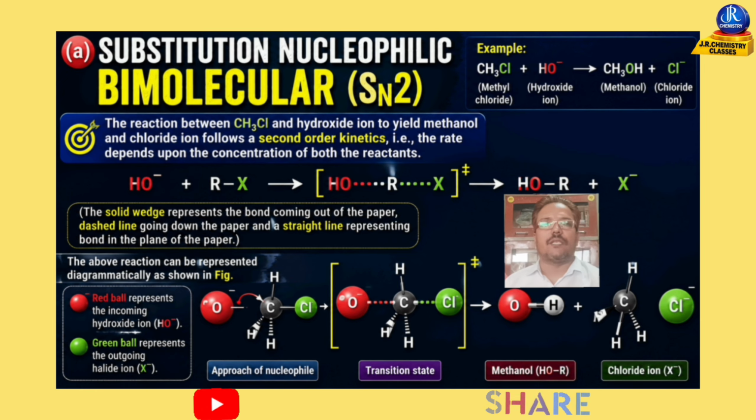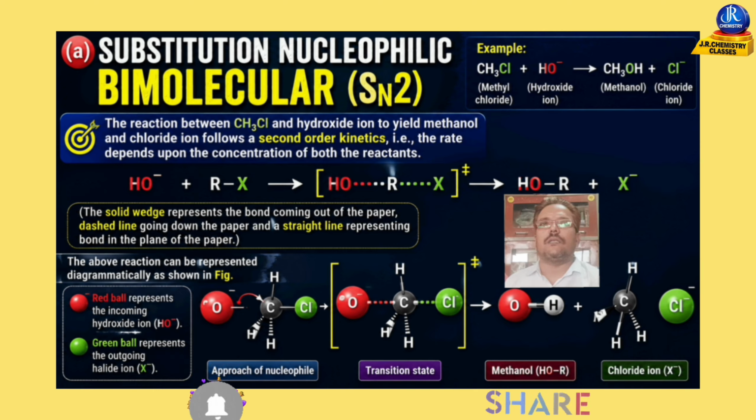SN2 reaction. The reaction between CH3Cl and hydroxide ion to yield methanol and chloride ion follows second order kinetics, that is, the rate depends upon the concentration of both the reactants.